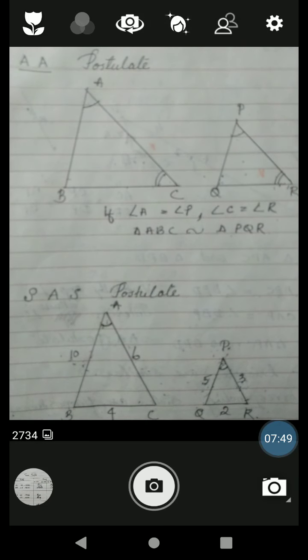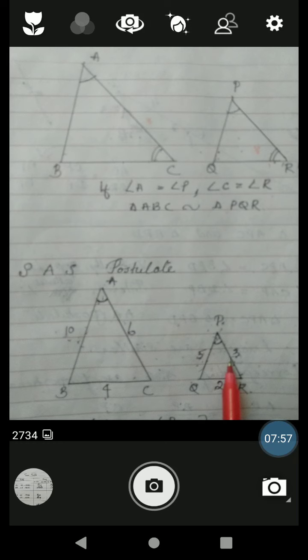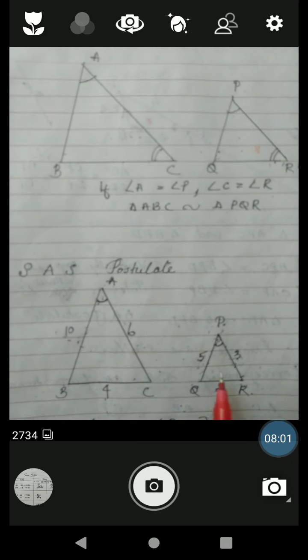Second one is SAS. That is, if one angle of a triangle is equal to any angle of the other triangle, and in both triangles the sides including the equal angles are proportional.